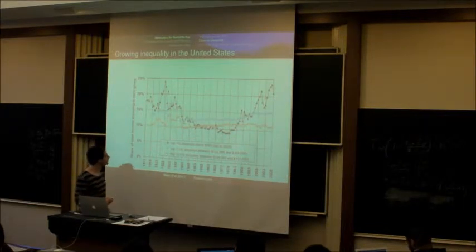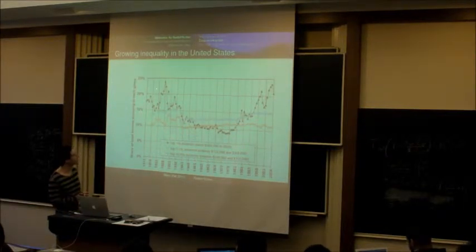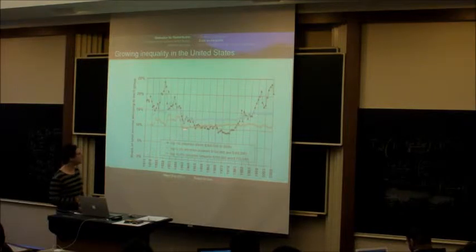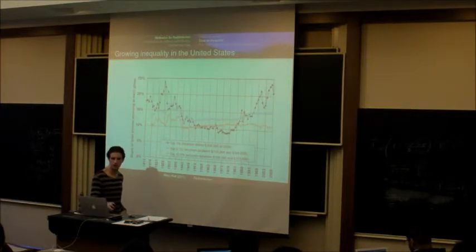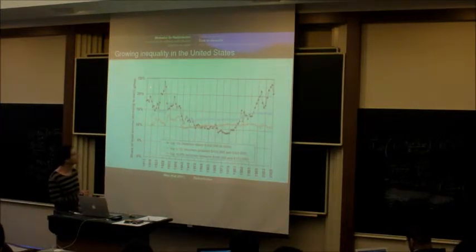So this is a graph of it. The black represents the fraction of total national income taken by the top 1% of income earners. Just before the Great Depression, during the Roaring 20s, this went up to its historical peak of almost 25%. Then during the Great Depression, it came down.